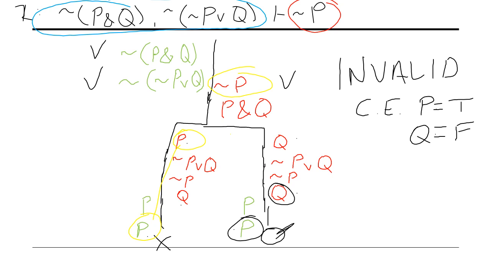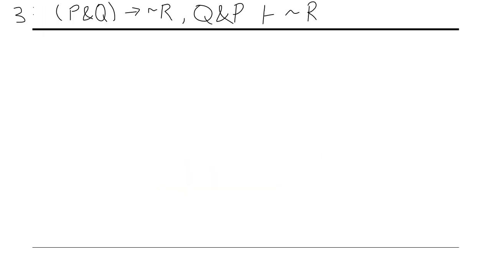So let's move on to the third one. Same process as before. Premises are on the left. Our conclusion is on the right. Circle. There we go. So let's draw our line. Let's put our premises on the left-hand side.